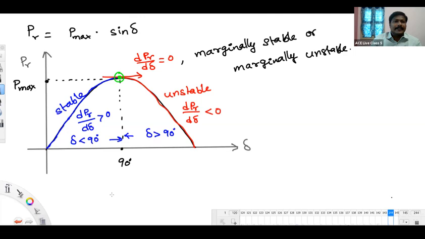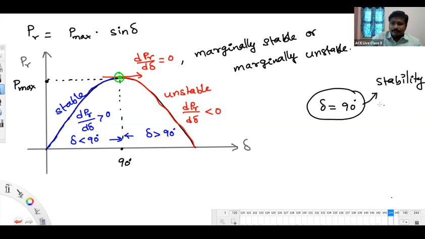Okay, next thing. Obviously, delta equals 90 degree is going to be called the stability angle of the system. And what are the preferable operating angles? 30 degree to 45 degree, same as the earlier discussion we have done today.